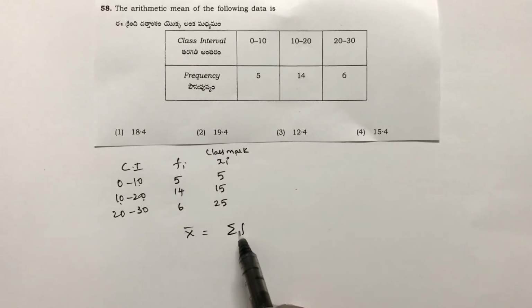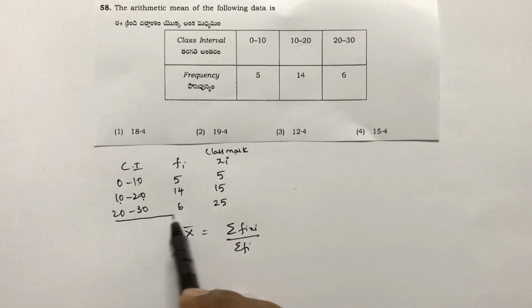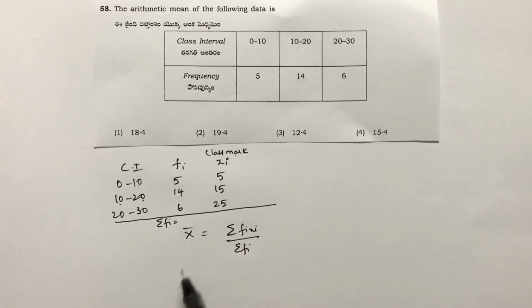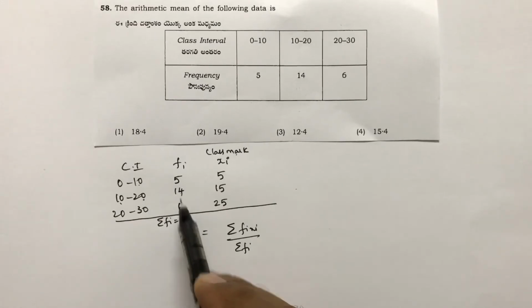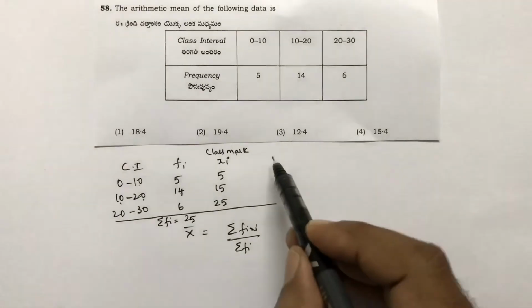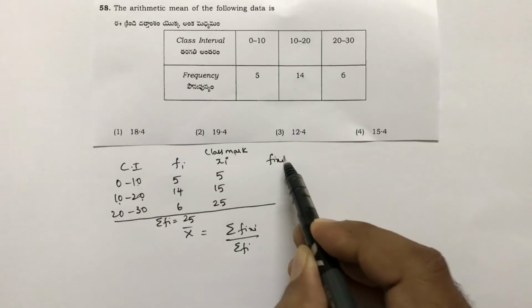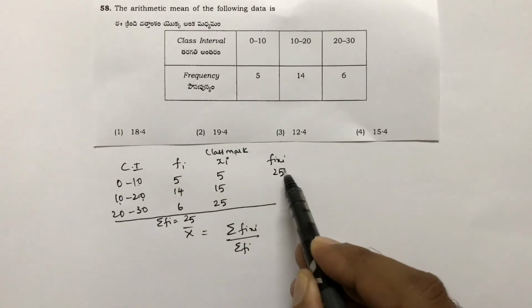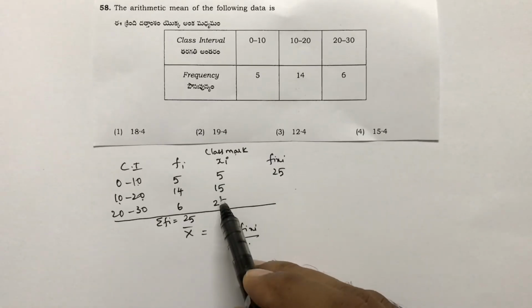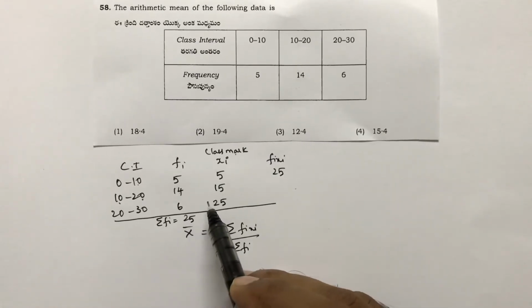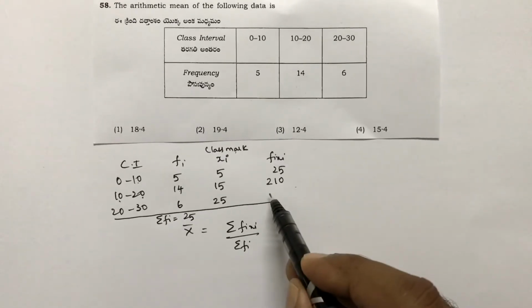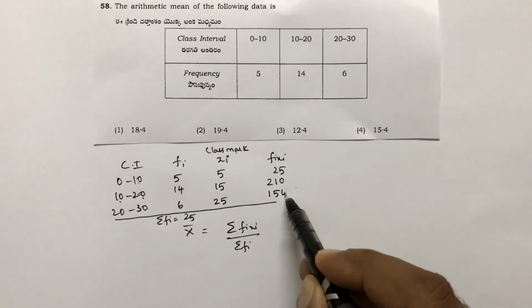Mean is sigma fi xi by sigma fi. Here sigma fi is the total frequency: 14 plus 6, 20, 20 plus 5, 25. Now find fi xi. 5 times 5 is 25. 14 times 15, or 15 times 14, is 210, and 6 times 25 is 150.